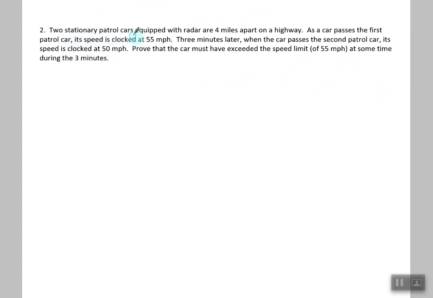Two stationary patrol cars equipped with radar are 4 miles apart on a highway. As a car passes the first patrol car, its speed is clocked at 55 miles per hour. 3 minutes later, when the car passes the second patrol car, its speed is clocked at 50 miles per hour.